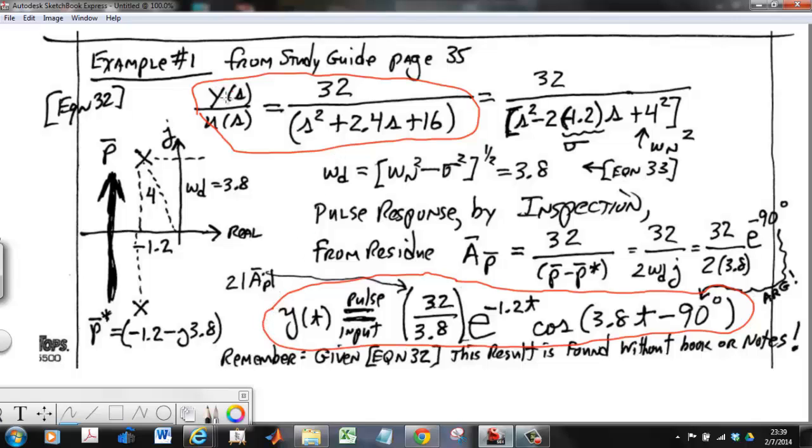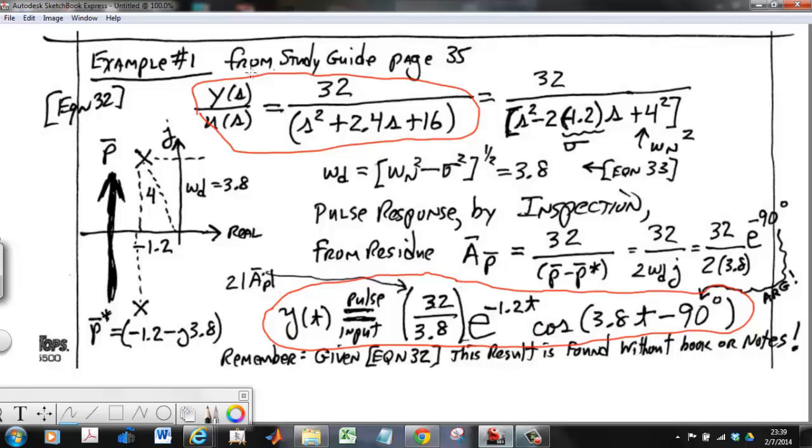So if I give an impulse to this system, the response will be given by this cosine function, and we want to have a graphical shortcut to evaluate that right away.